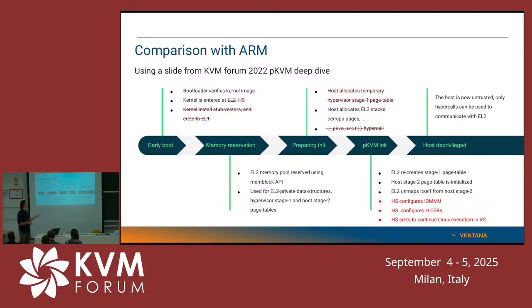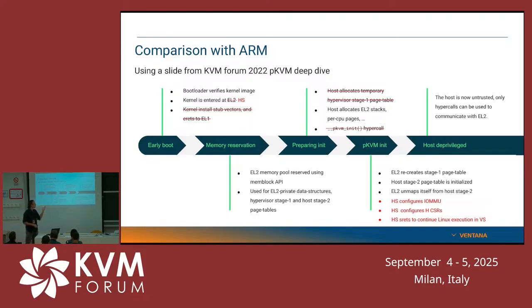So we recreate the page tables for the host to properly isolate, so that pKVM can't be accessed from VS mode, nor does pKVM accidentally execute or access untrusted code. And then we do the same for devices, configure some of the HCSRs, and then VS Linux continues running basically as it did before, just not as a host anymore, but as a guest.